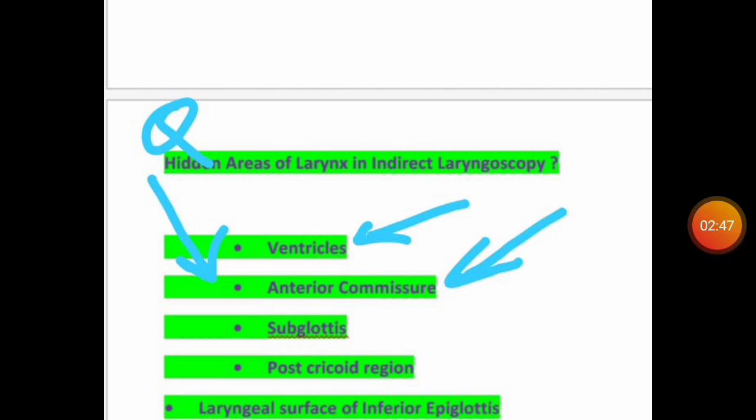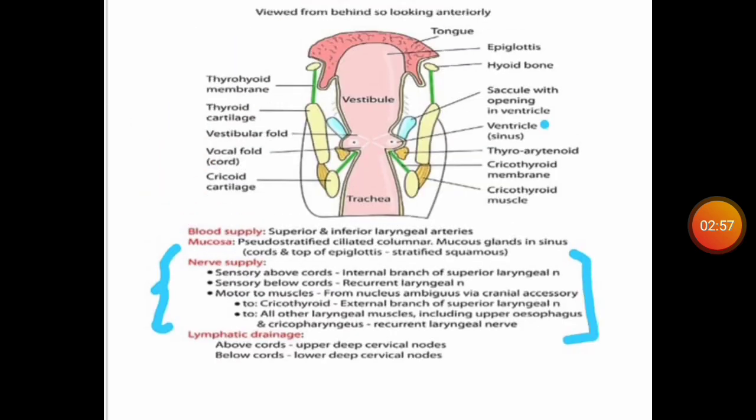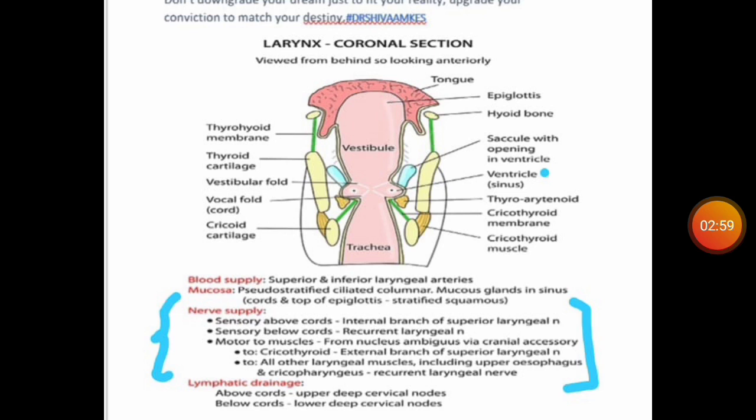You won't be able to see the ventricles, anterior commissure, the postcricoid region, and the subglottis. Just see the diagram; they can ask you by giving a diagram also. This was really important, which areas are not seen in IL.